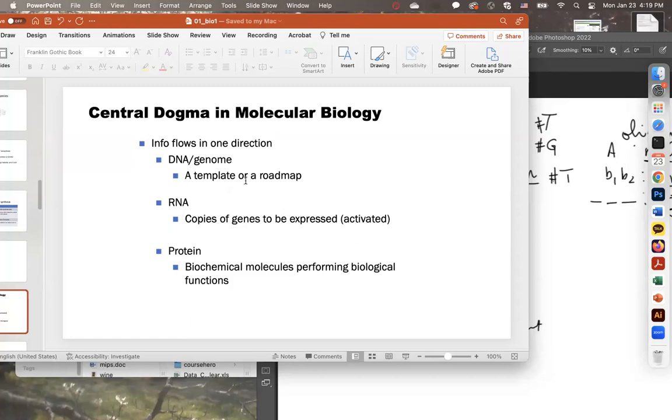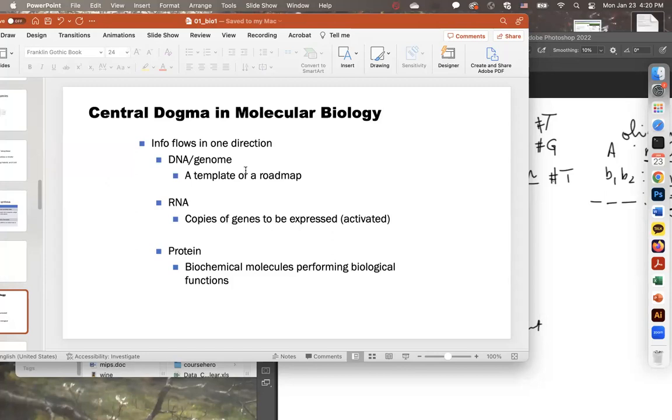So from the static DNA sequence, if you have a cell that performs a particular function, then you need to manufacture the proteins to perform that function, and that is going to be copied from the map into a dynamic map of RNA.